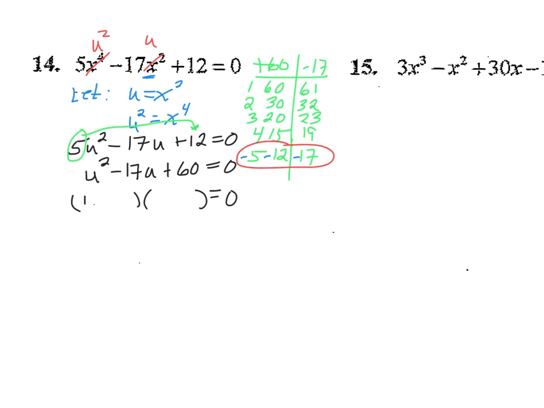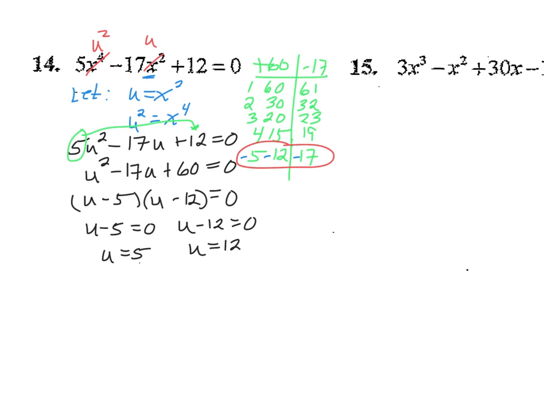So u squared is going to become u, and then minus 5 and minus 12. So then we're going to set u minus 5 equal to 0 and u minus 12 equal to 0. Add 5, you get u equals 5. Add 12, you get u equals 12.